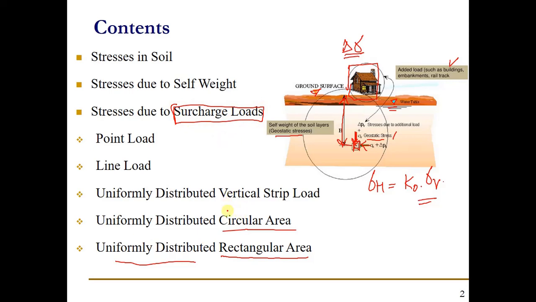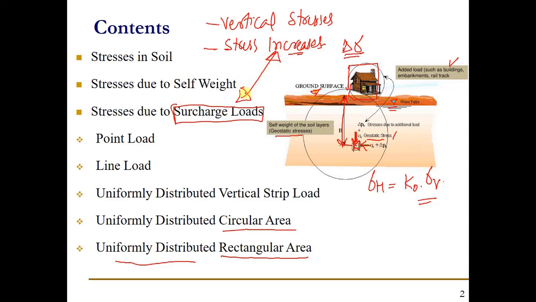So we are going to learn about the vertical stresses, how we can calculate the vertical stresses in soil, and also the stress increases due to various surcharge loads such as point load, line load, strip load, circular and rectangular area loads.